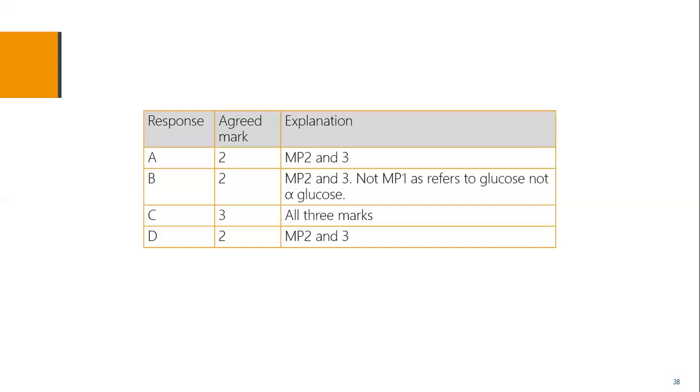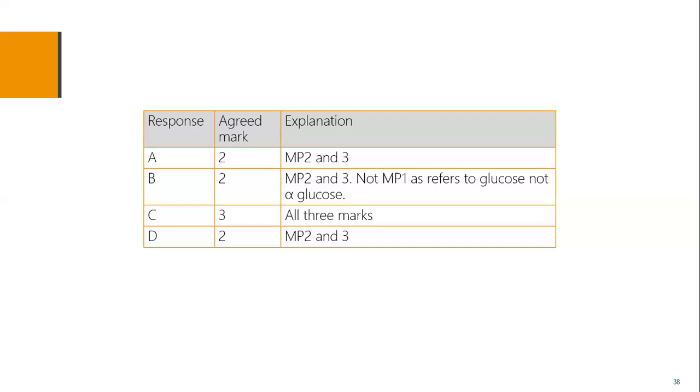Clearly express the idea of getting similarities and differences in bonding, but mark point 1 requires alpha glucose, and there's no reference to alpha glucose, so not mark point 1. Response B got the bonding marks, mark point 2 and 3, but again, it missed the alpha in front of glucose, and so did not get mark point 1.